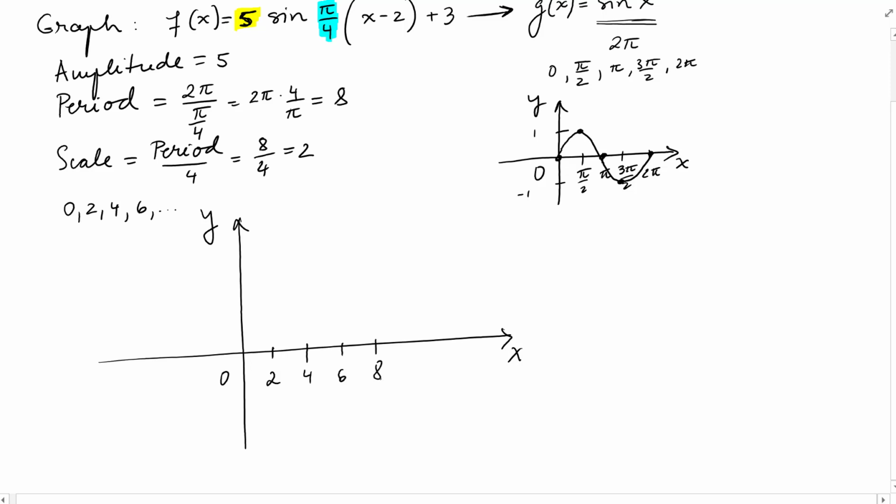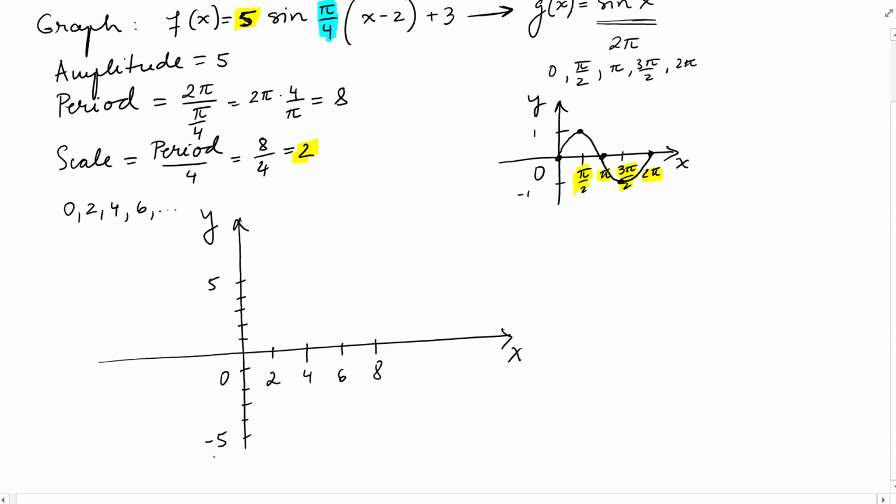These are similar to the values that we had here, but in our case the scale is different. Then the amplitude is 5, so 1, 2, 3, 4, 5, and negative 1, negative 2, negative 3, negative 4, negative 5.